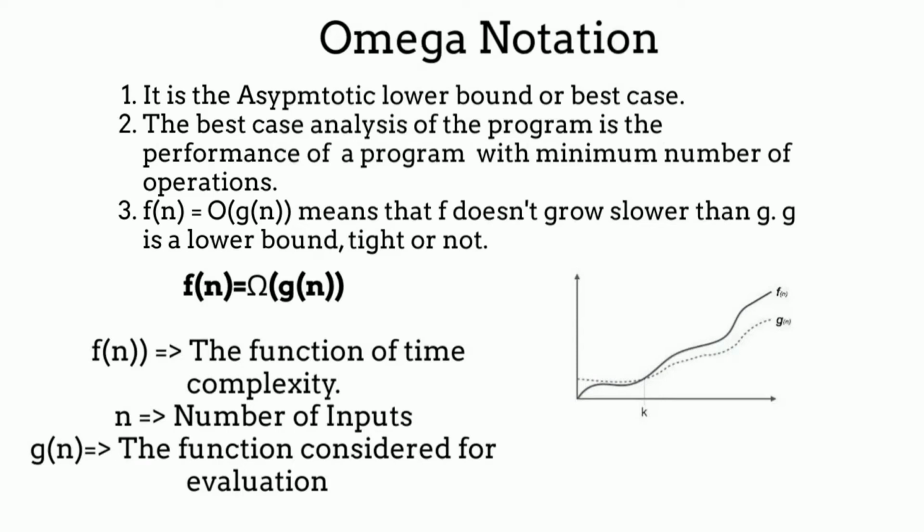Here, the function f of n does not grow slower than g of n, so it's either equal or faster. Similarly, f of n is the function of time complexity, n is the number of inputs, and g of n is the function that we have calculated or estimated for a particular program. And then the final notation is the theta notation.